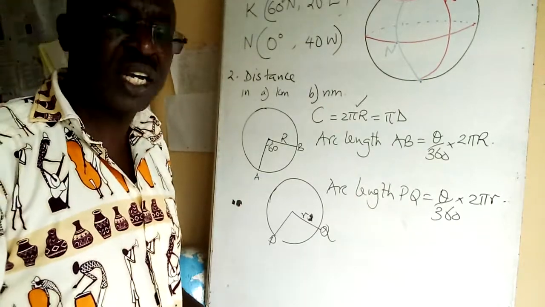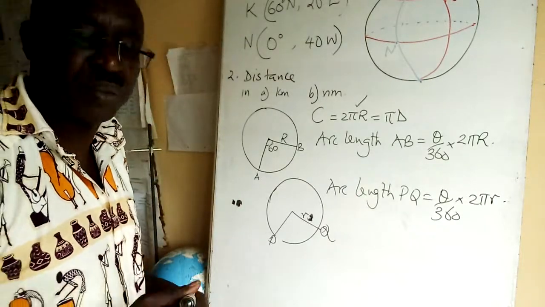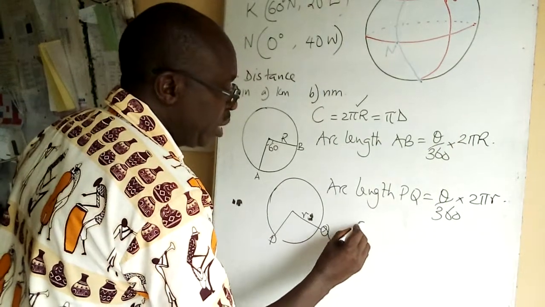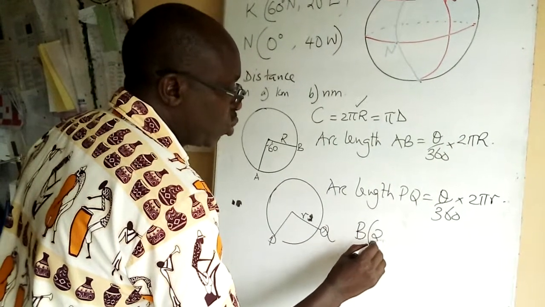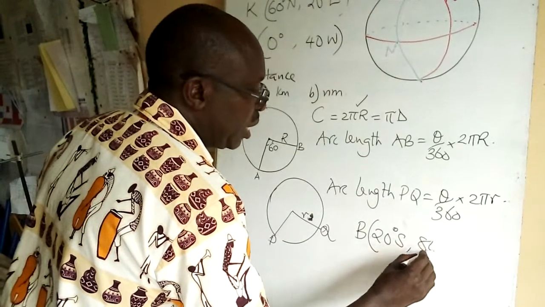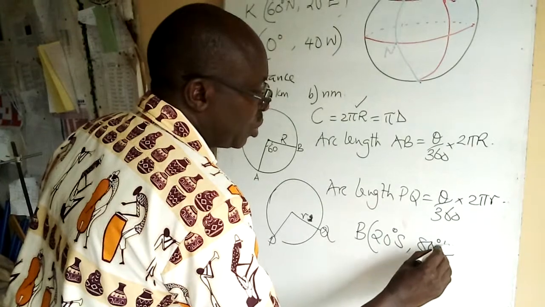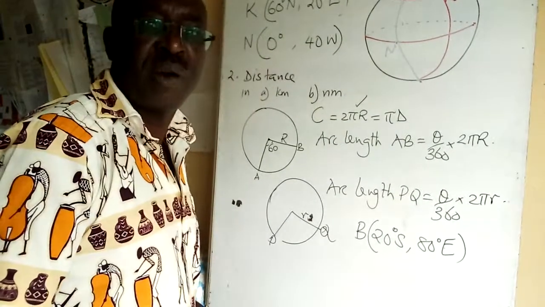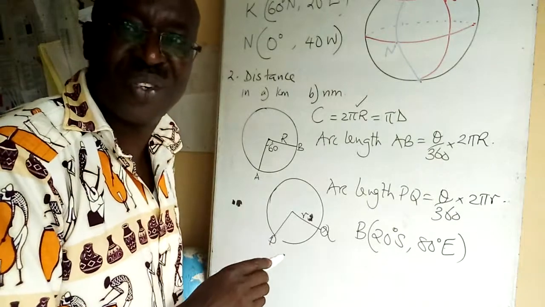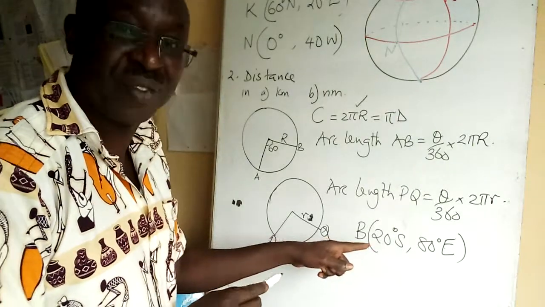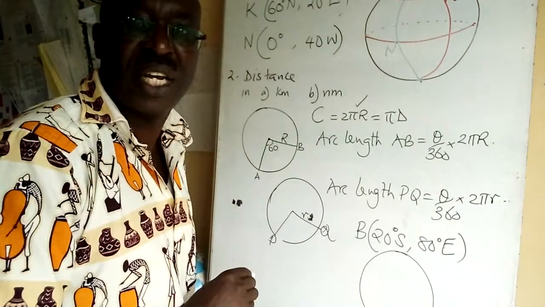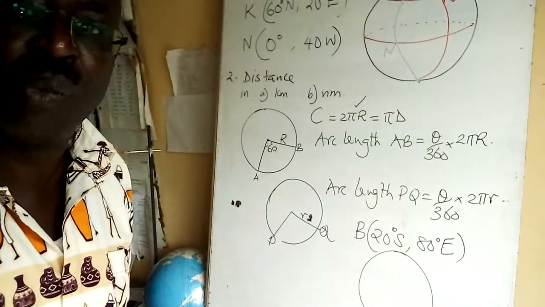I can give the last, maybe you try point B, which is 20 degrees south and then 80 degrees east. If I'm given something like that, what I need to draw is, I have a picture that is like the globe.